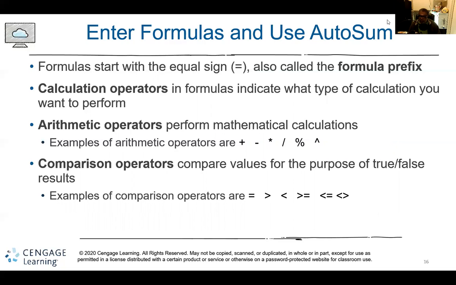Examples of those are the plus, the minus, the multiplication, division, percentage, and exponents. The comparison operators compare values for purposes of true or false. Examples of comparison operators are equal, greater than, less than, greater than or equal to, less than or equal to, or between.